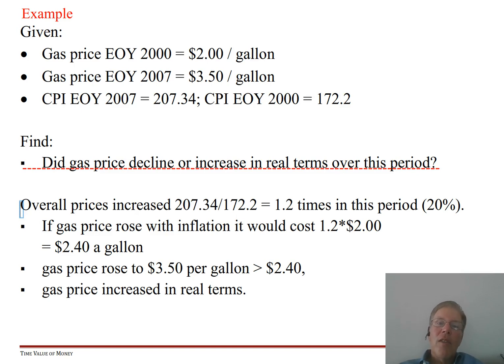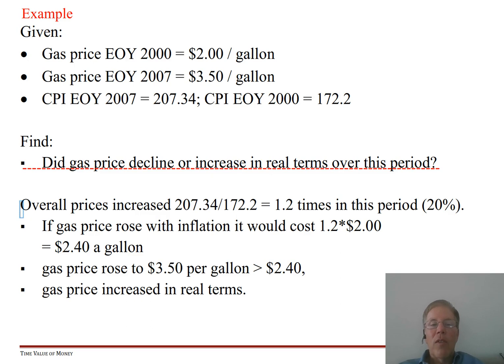So if gas prices rose with inflation, I should be able to take the 2000 price and multiply it by 1.2 and get the 2007 price. So I take 1.2 times 2.